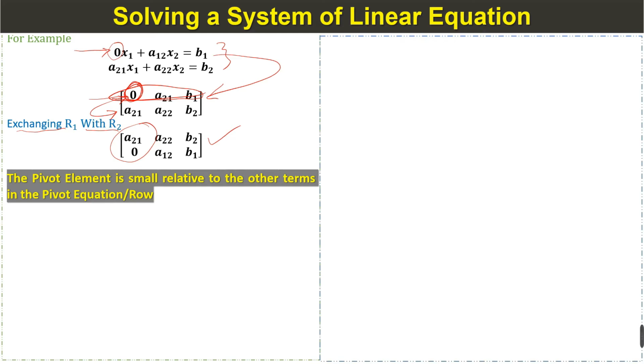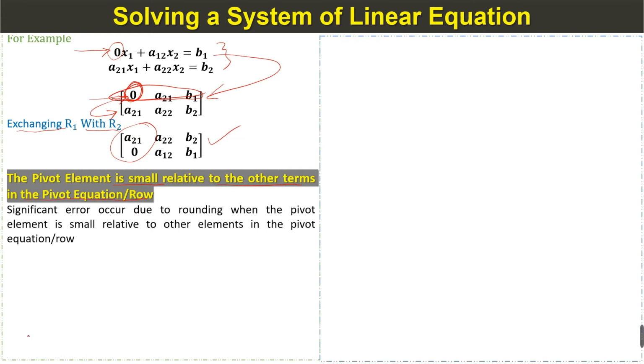And the next difficulty is when the pivot element is small relative to the other terms in the pivot equation or the pivot row. Significant error occurs due to rounding when the pivot element is small relative to the other terms in the pivot equation or the pivot row.